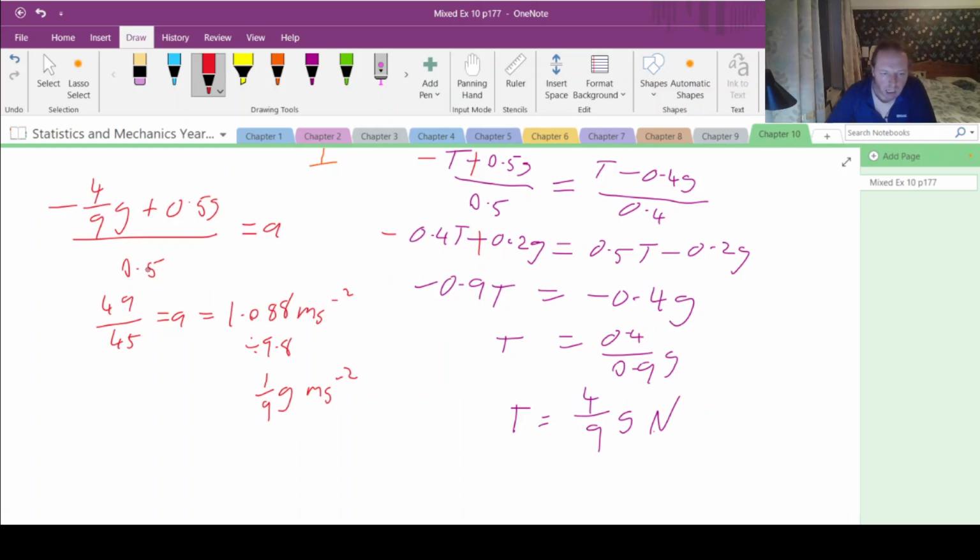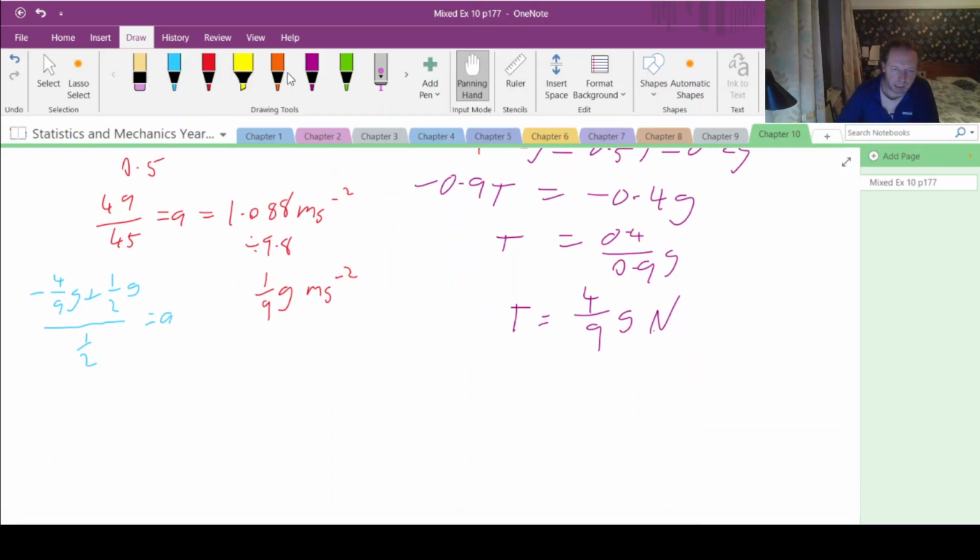Okay, so yes, we could probably easily do it with the manipulation of it. In fact, let's do it. So minus 4/9 g plus a half g being divided by a half is equal to a. So let's get some common denominators going on at the top there.